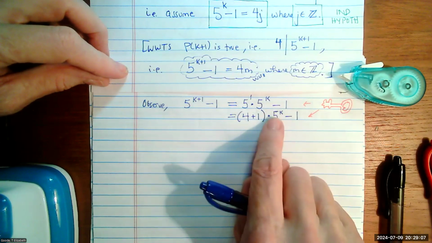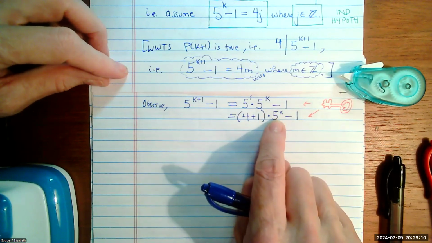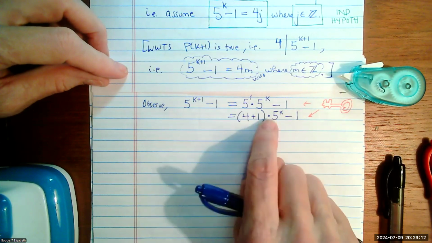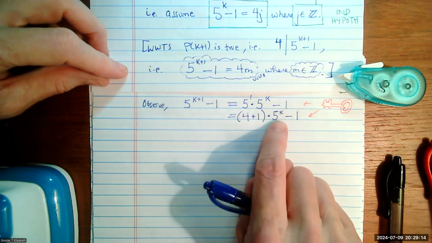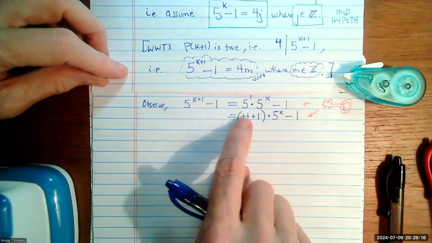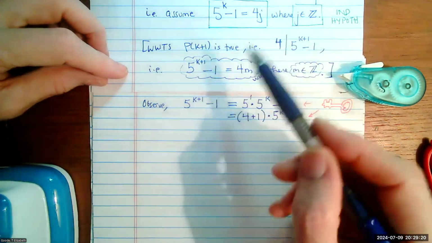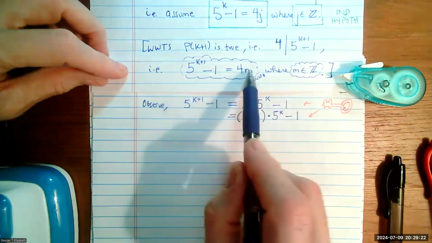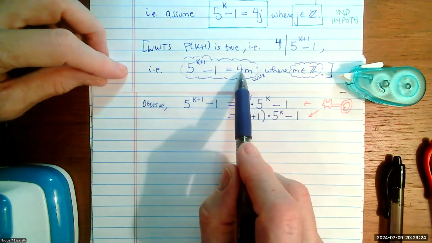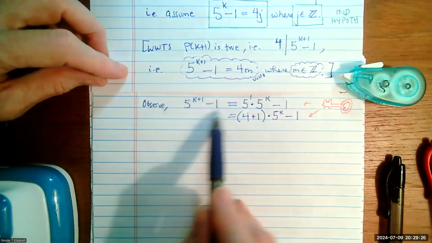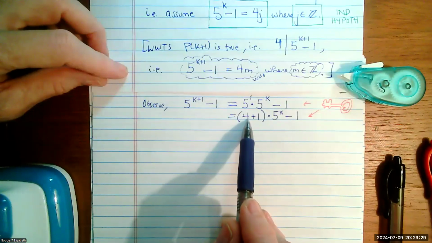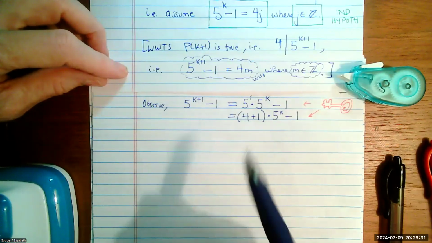One thing, I want a single copy of 5 to the K. And when I distribute 5 to the K across 4 plus 1, I will get a single copy of 5 to the K. The other reason this is kind of nice, that 5 is equal to 4 plus 1, is it gives us a 4. And look, we're trying to show that there's some 4s around. See, there were no 4s in here at all. This at least introduces a 4 into the mix by changing 5 to 4 plus 1.